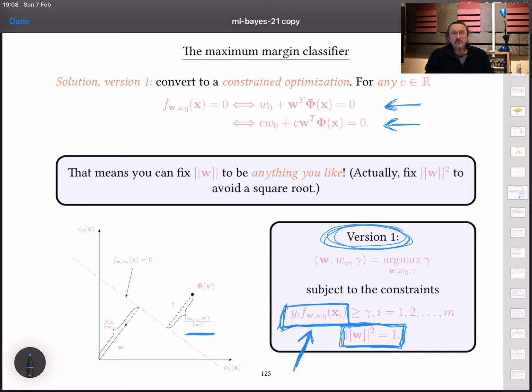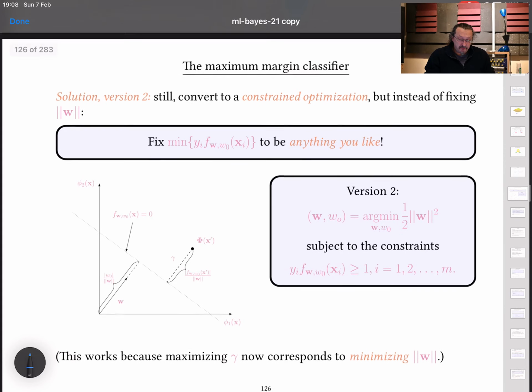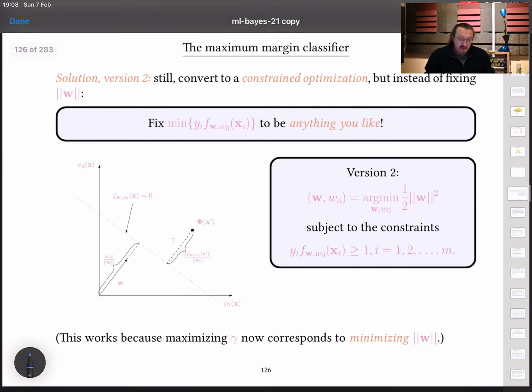Okay, so that's one way in which you can formulate this. Now, there's a second way, and both of these will work. The second way is to say, well, instead of constraining the modulus of W, you can essentially define distance however you want and allow this quantity to be represented by anything you like.